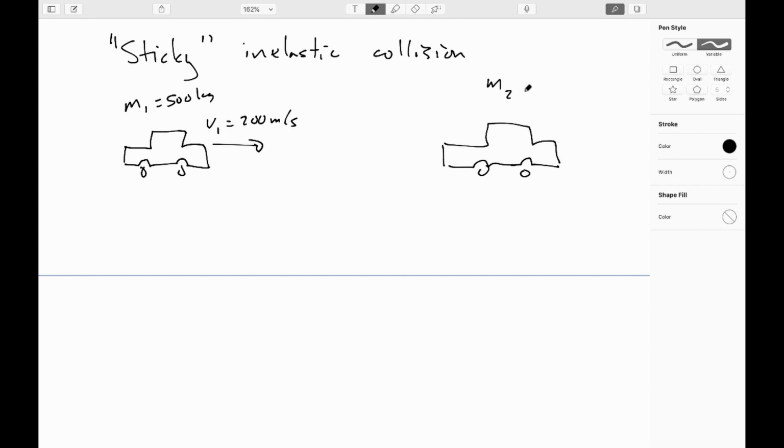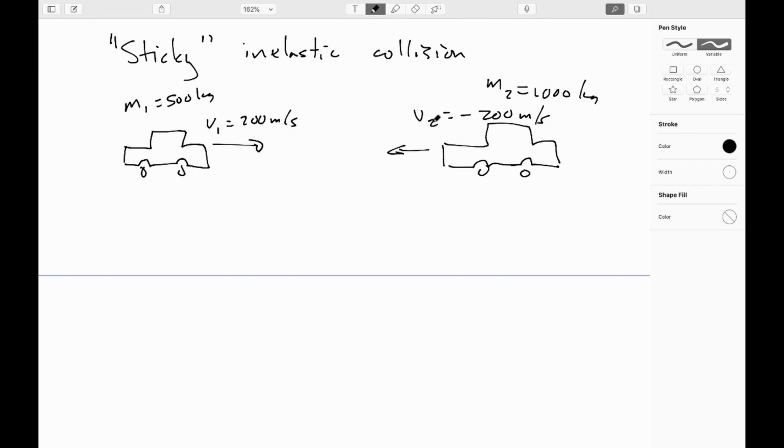We'll say its mass M2 is 1,000 kilograms, and we'll say it's going to the left at V2 equals negative 200 meters per second. So you'll already notice that the way I'm handling the signs here, I'm handling them the way we handle signs in kinematics versus the way we handle signs in forces.